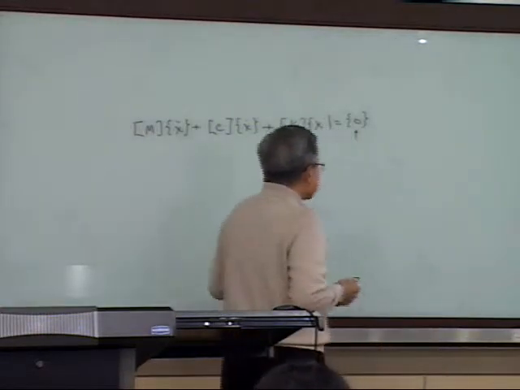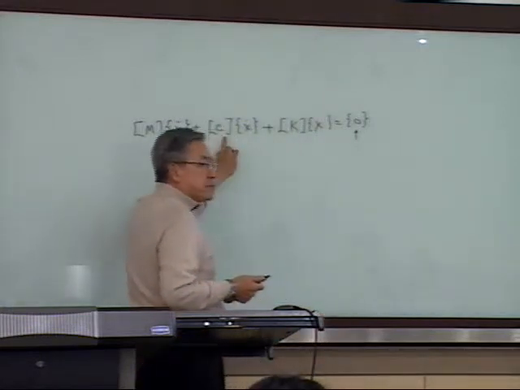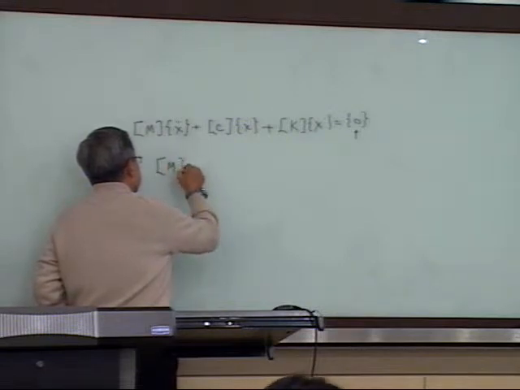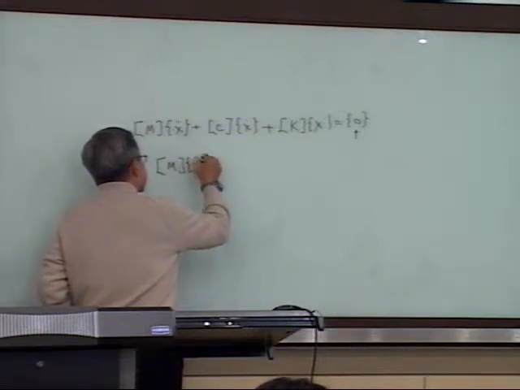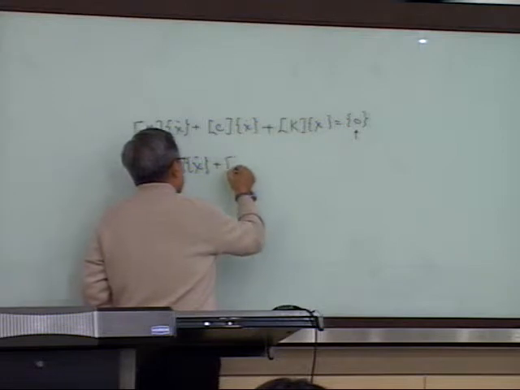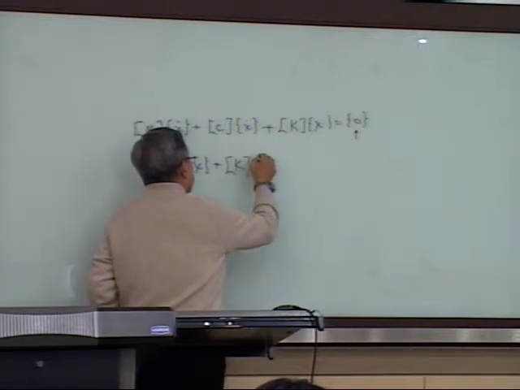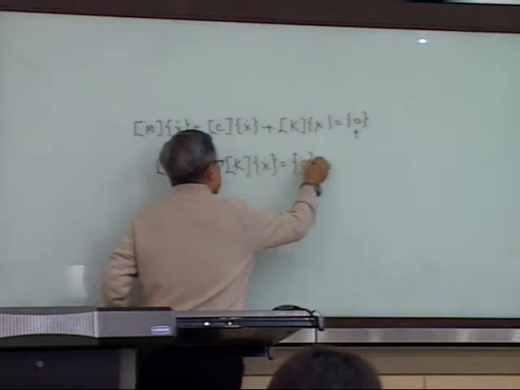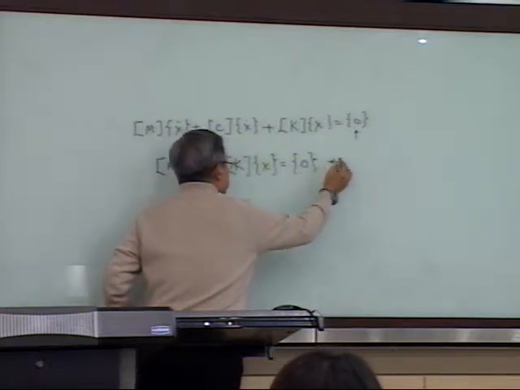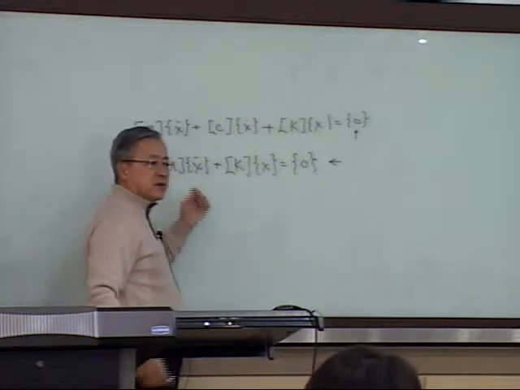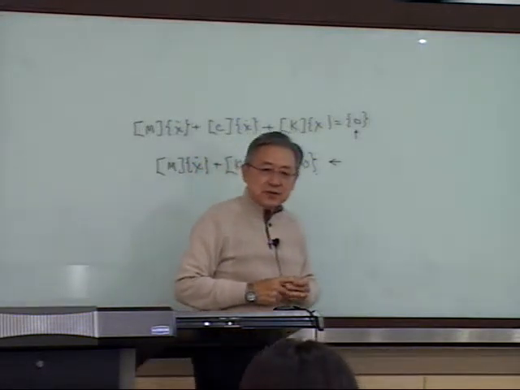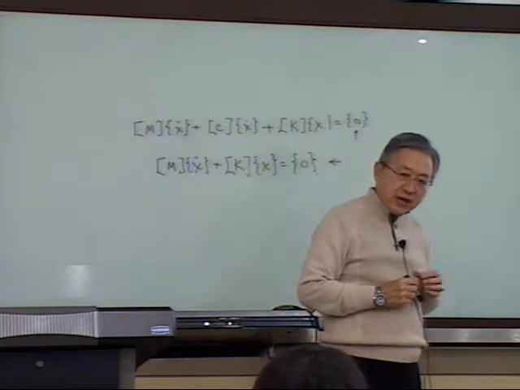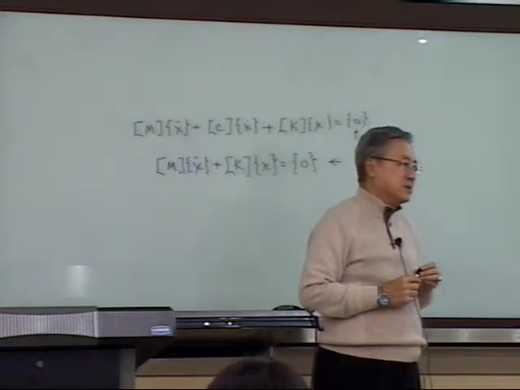So if I delete the damping in the system, then it's going to be M X double dot plus Kx is equal to 0. And then you can use that undamped system equation to determine the so-called mode shape.